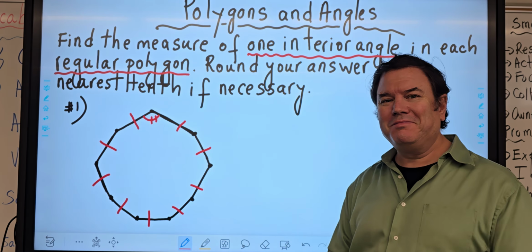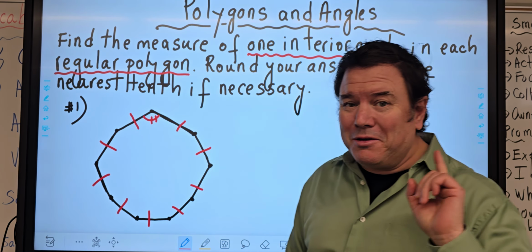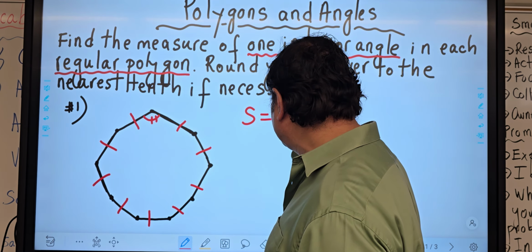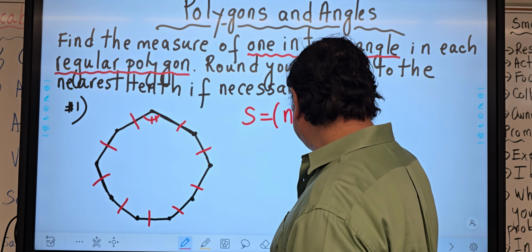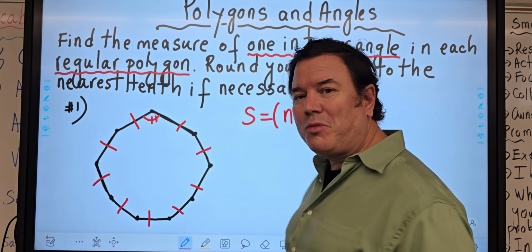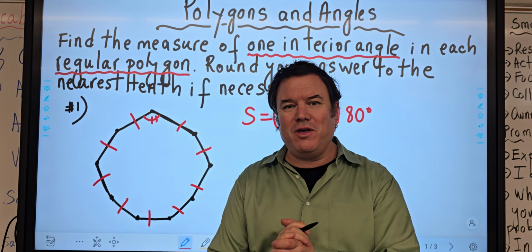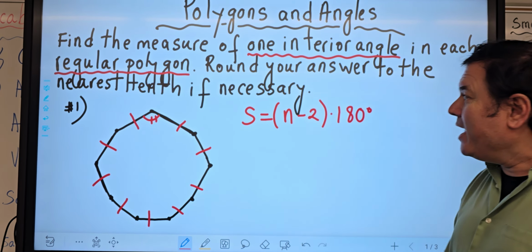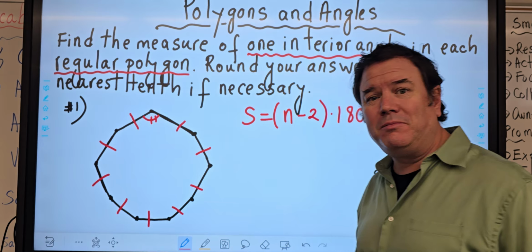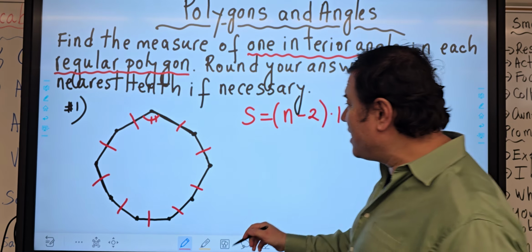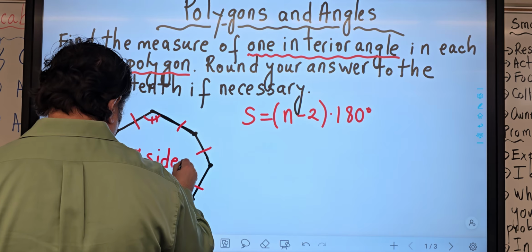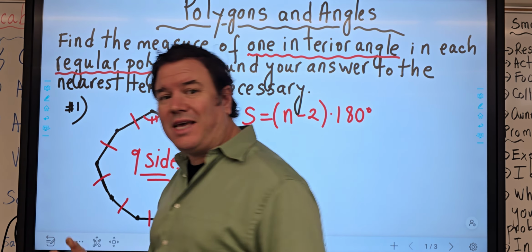Again, remember, use that formula. S equals n minus 2 times 180 degrees. We've used this formula in the previous videos. Now this polygon has 9 sides, and all of these sides are the same.